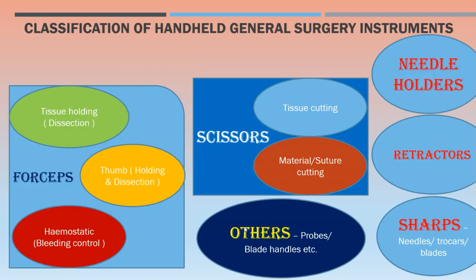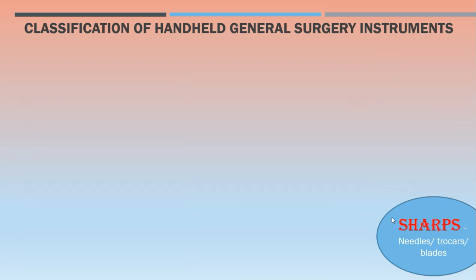So the fifth part, just going through this classification algorithm, and in this we are going to discuss the sharps. And the sharps under general surgery instruments will include the needles, the surgical blades, and trocars, basically a few glimpses of trocars.